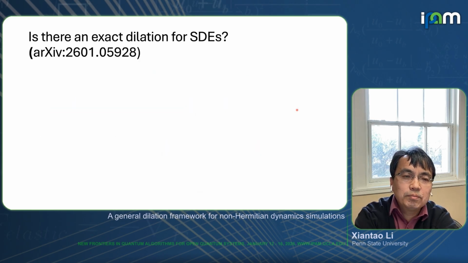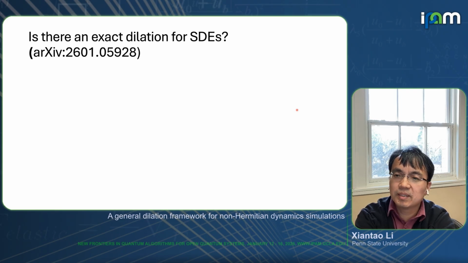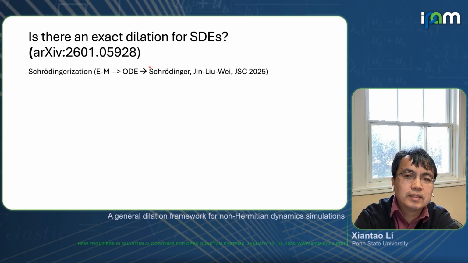Now, can we apply a dilation and turn these SDEs into a quantum dynamics that we are familiar with and that can be simulated on quantum circuits? This is the question that we try to answer in this more recent paper.